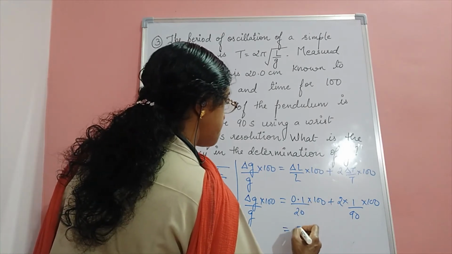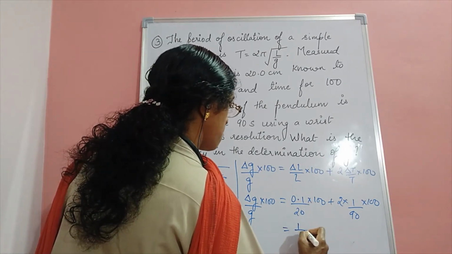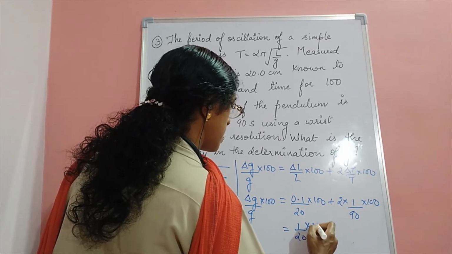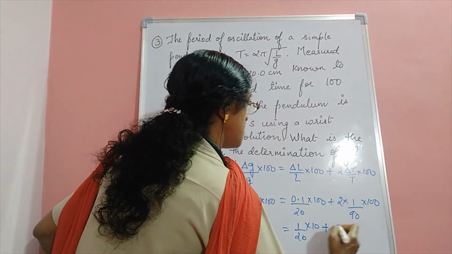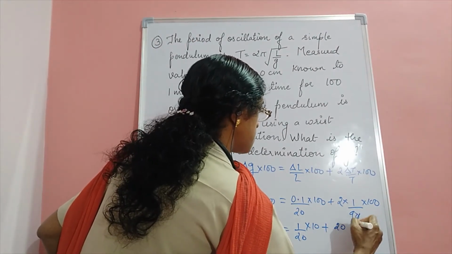Now, we will solve those values. It would be 1 by 20 into 10 plus 20 by 9, the 0 gets cancelled.